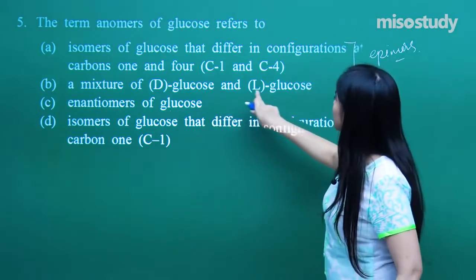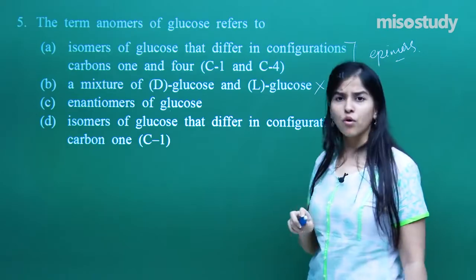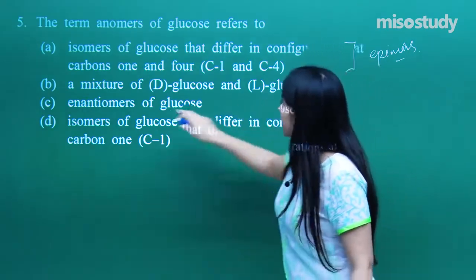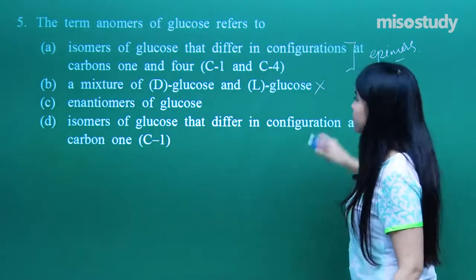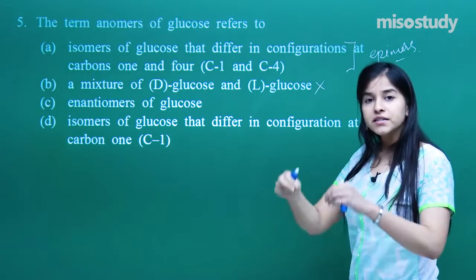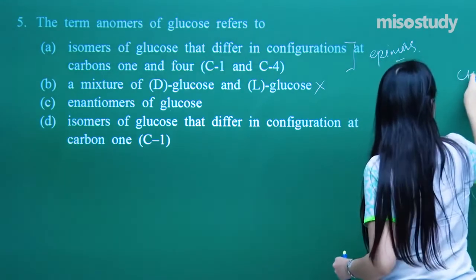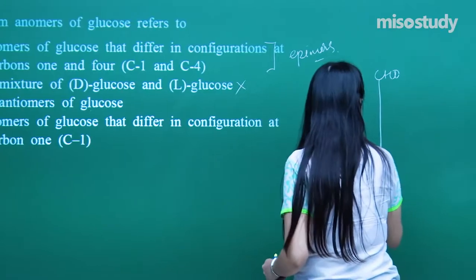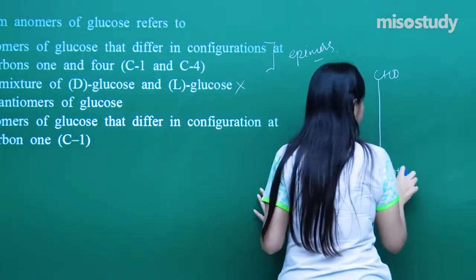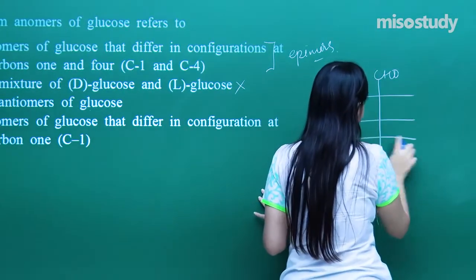A mixture of D-glucose and L-glucose, also not the case. Because D and L means the OH on the last chiral carbon. If I draw the structure for glucose, that is glucose that I am drawing over here.